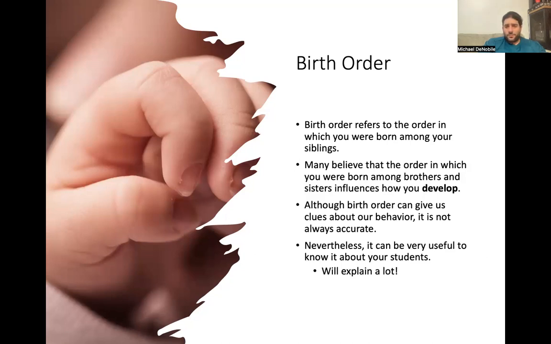And part of the reason why it explains a lot is because parenting, for the most part, while there are different styles of parenting, parents tend to parent first children, second children, third children similarly, not exactly the same, but similarly. And you'll see as we go along. However, because there are variations in parenting, that's why it's not always accurate.